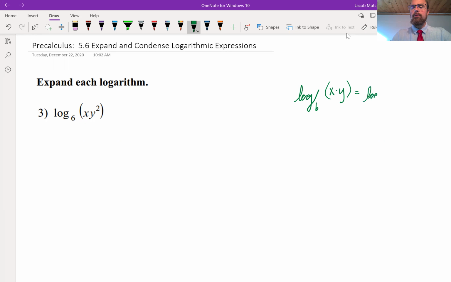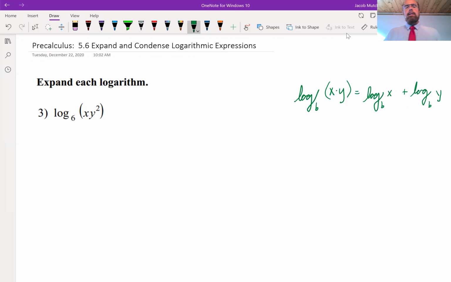So the product would transform into a sum of log base b of x plus log base b of y. And that is one of the things that we need here to expand our statement.